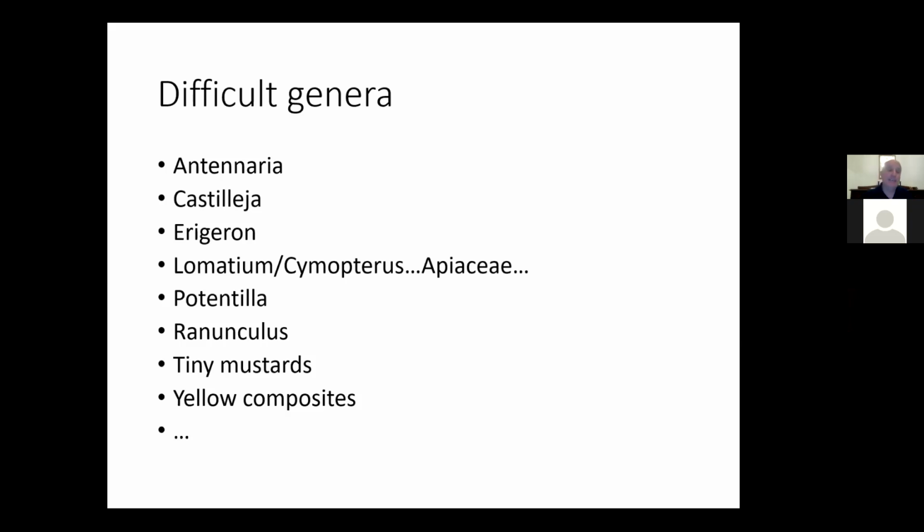They have a lot of misidentified stuff in their training data because it's all crowd identified. The crowd is confusing things with all the hybridization. So the models don't work well there. Erigerons, of course, are difficult all the time and stuff like that. So you would expect that these models are going to struggle on a lot of the same genera that we struggle with on our own. And they're going to do better on the ones that are more distinctive.